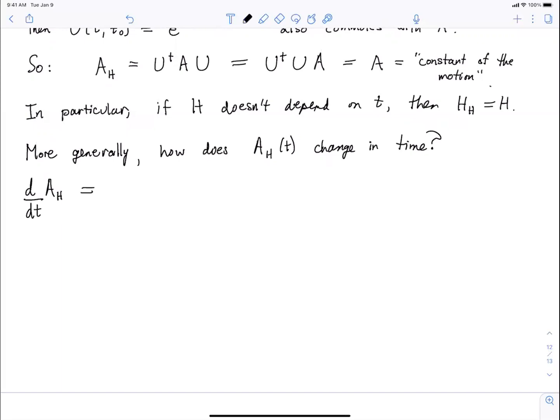When we do that, we're taking a derivative and we're using the product rule. So there's one term that looks like this, where we take the derivative of the U dagger times A times U. And then there's another term where we take a derivative of the U that's at the end.